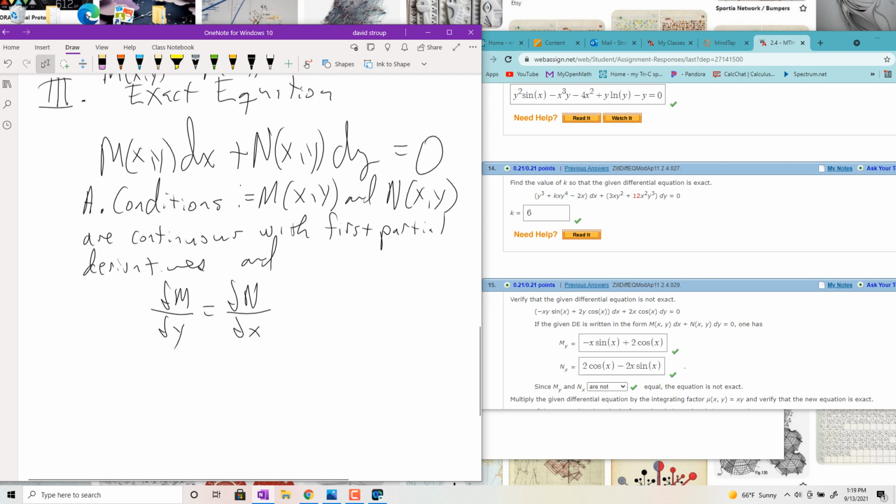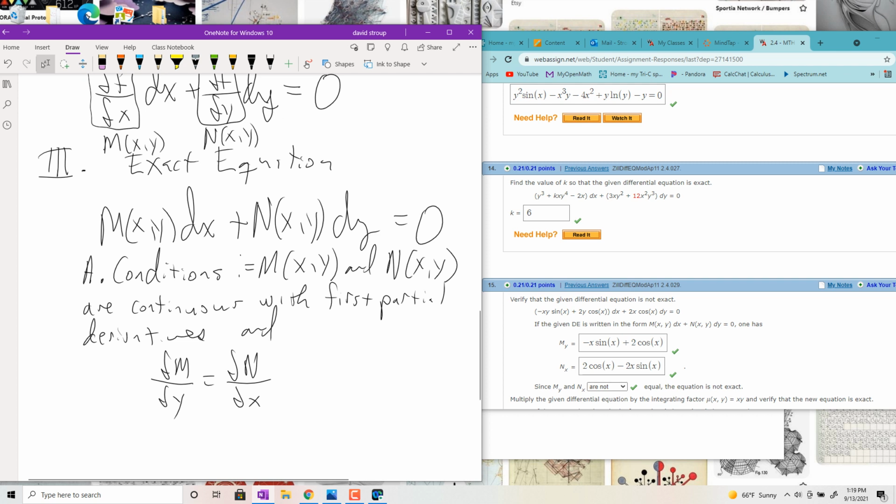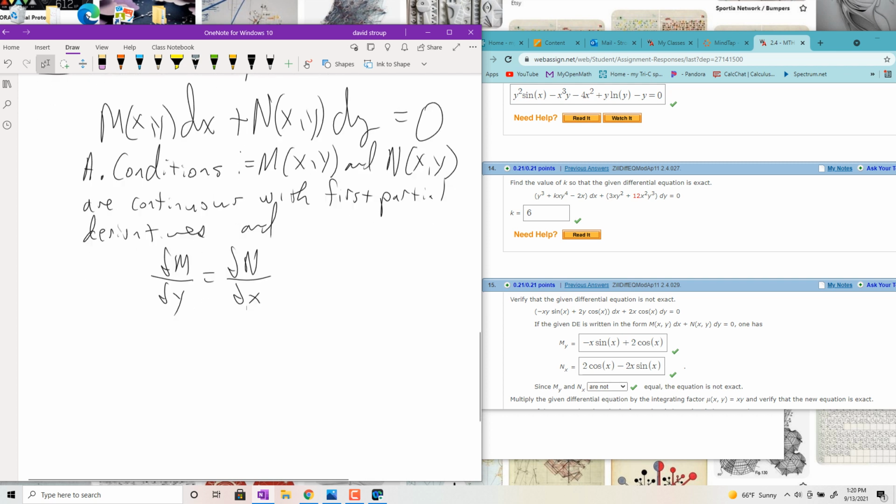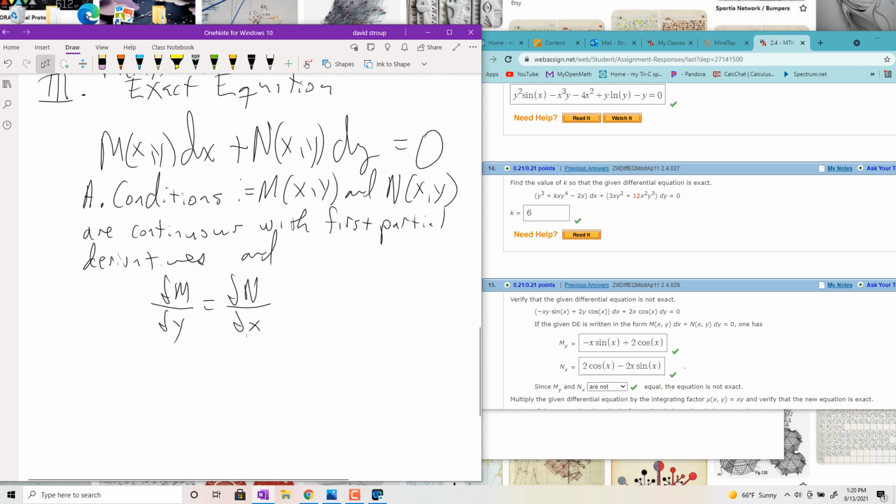Because if you think about it, this M of x,y is a partial with respect to x, and then you're checking the partial with respect to y. So it's really the mixed partial being equal to the other mixed partial that is the condition for finding the anti-differential.